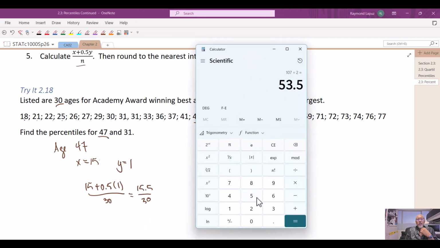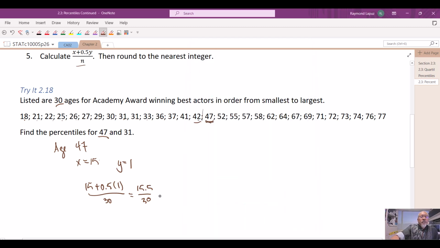Let's check. 15.5 divided by 30, and we get, oops, I hit times. Let's try that again. 15.5 divided by 30. We get 0.516, so this is approximately 51.6%.